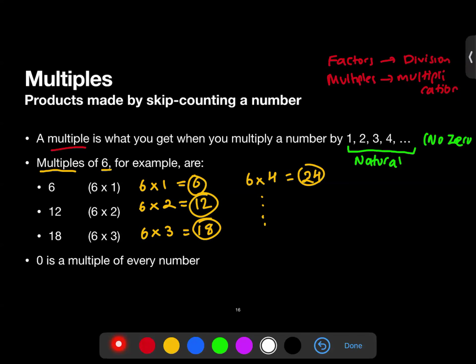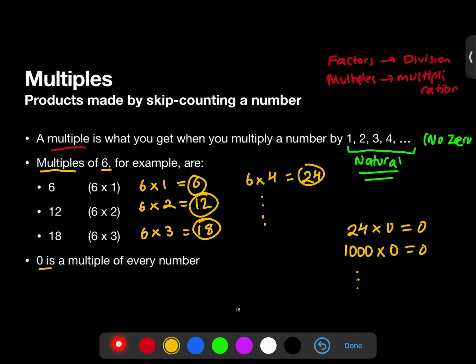And the reason we include only the natural numbers is because 0 is a multiple of every number, right? Anything times 0 is 0. 24 times 0 is 0. 1000 times 0 is 0, and so on.